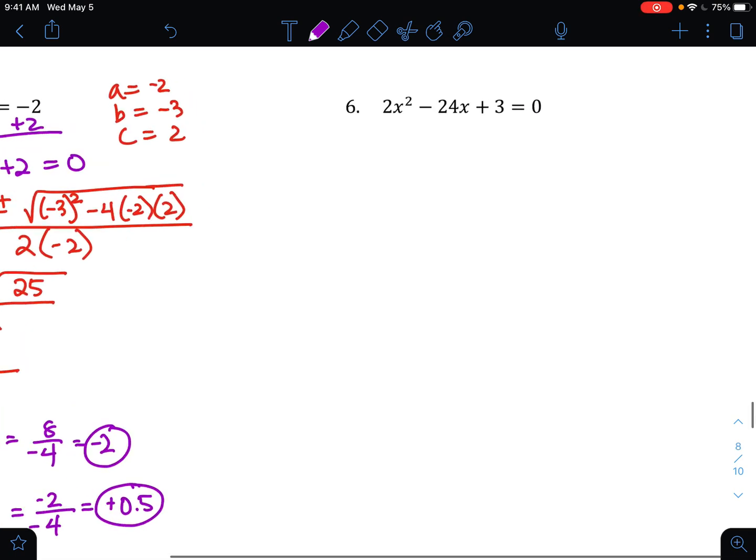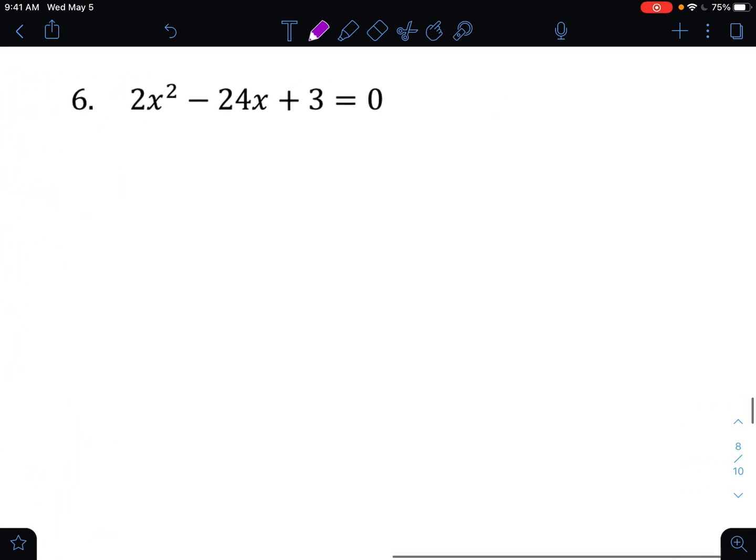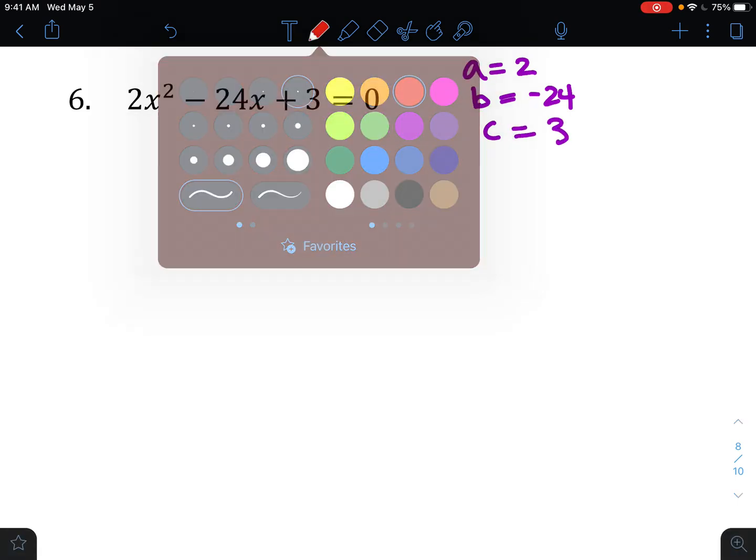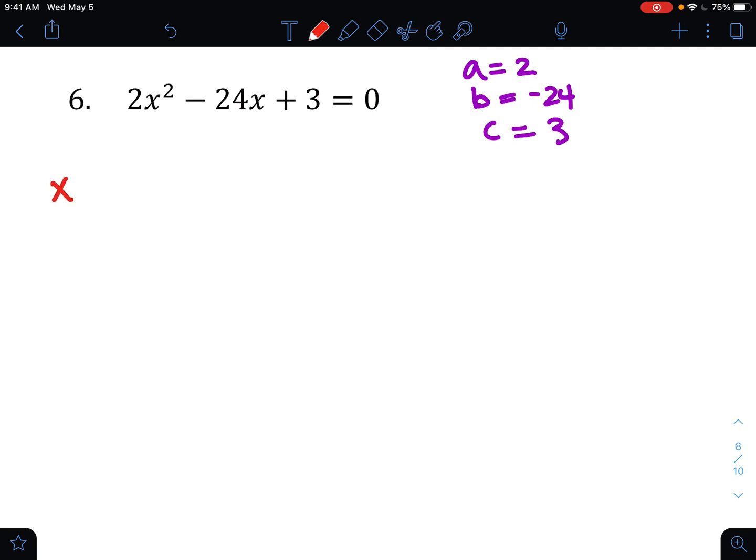Okay, last one. I already have the equation set to 0. A is 2, B is negative 24, and it looks like C is 3. Okay, quadratic formula.